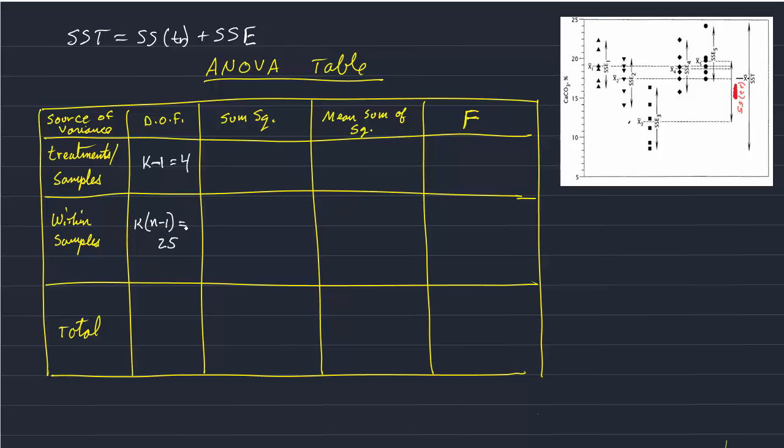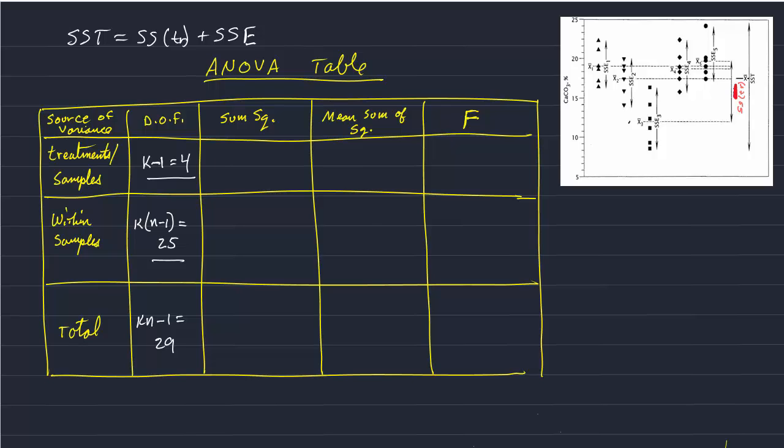And the total degrees of freedom are the total number of measurements minus 1. And in this case, we get 29. So you see that the sum of the degrees of freedom for each source equals the total. And that's always going to be the case.